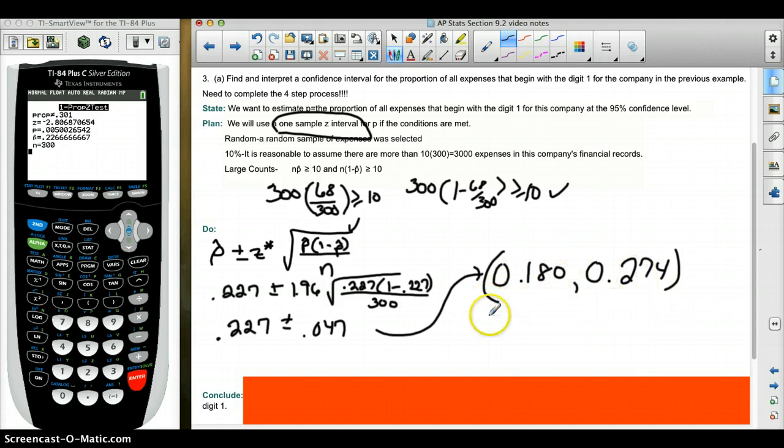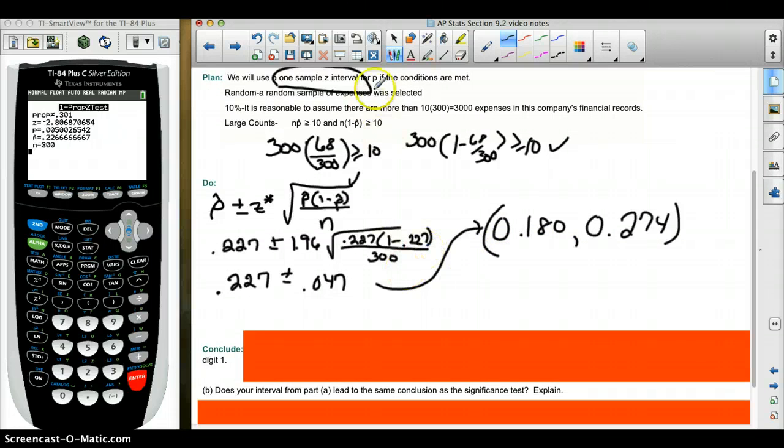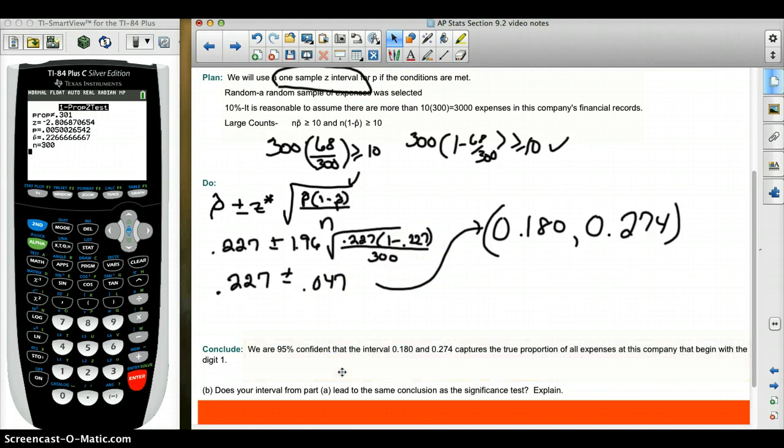So you have your work done. Now you need to write your conclusion step. Remember, the conclusion is: we are 95% confident that the interval, which we found above, 0.180 to 0.274, captures the true proportion of all expenses at this company that begin with the digit 1.